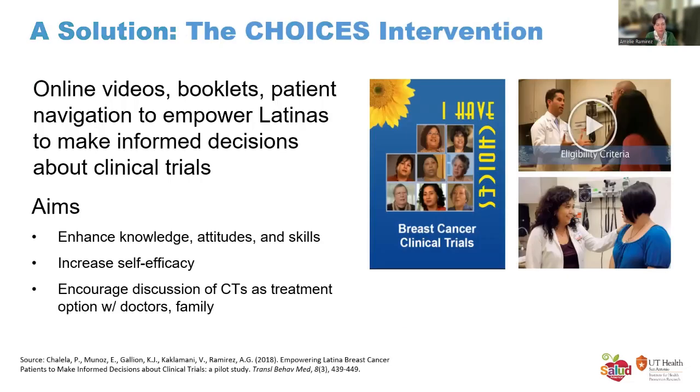On the next slide. And so our research team thought a lot about what is the best way of getting information into our population group. And so we developed this program that was called Choices, because in talking to clinicians, we know that your clinical time is very limited.